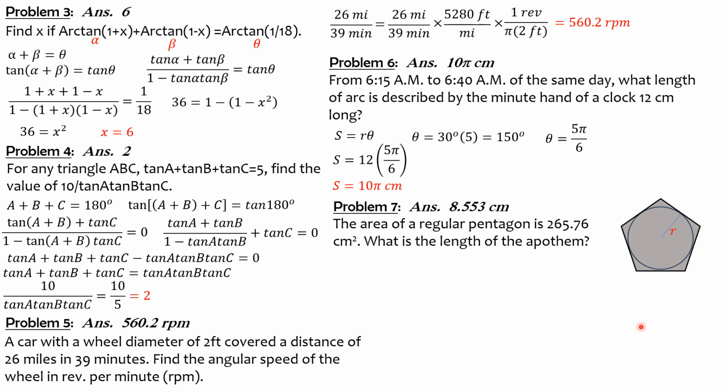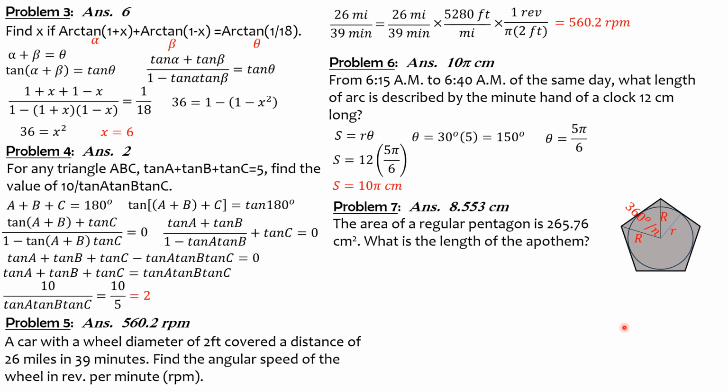So we will denote the radius of the circle circumscribing the regular polygon as big R. So the radius is capital R, but we are looking for the small r, the apothem. The measure of this angle in general is 360 degrees over n. In this particular problem, 360 degrees over 5, because there are 5 sides.